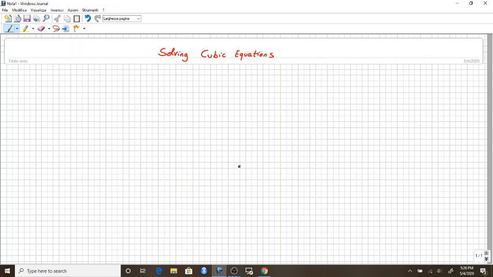So it's not too simple to just plug in some values there and find the solution. Usually you won't find a teacher that is going to teach you how to plug in numbers into the cubic formula and then find the solution from there.